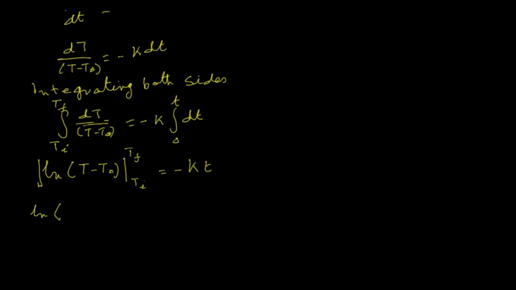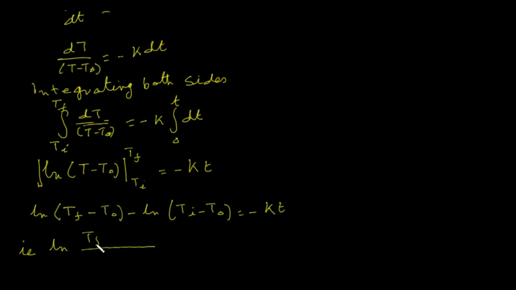Further, we write log natural T final minus T naught minus log natural T initial minus T naught is equal to minus Kt, which is the same thing as log natural of T final minus T naught divided by T initial minus T naught equal to minus Kt.